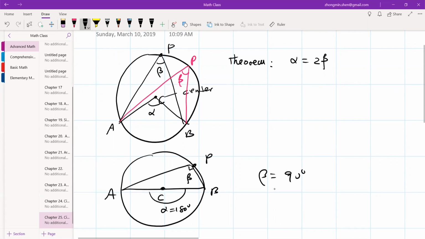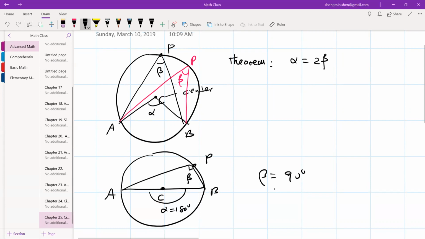So if a triangle is inscribed in the circle, and one side is on the diameter, then this triangle must be a right triangle. This information usually is not given directly, so be careful. You have to use that property to solve a geometry problem.